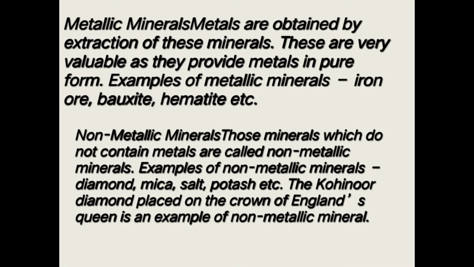Metallic minerals are obtained by extraction. These are very valuable as they provide metals in pure form. Examples of metallic minerals are iron ore, bauxite, hematite, etc. Those minerals which do not contain metals are called non-metallic minerals.